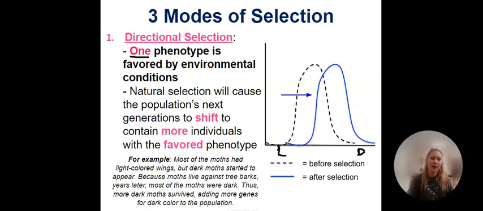So this is directional selection because the phenotype is being pushed from one extreme to the other, from light colored wings to darker colored wings. So you have a shift with the phenotype that's being favored because of the environment.